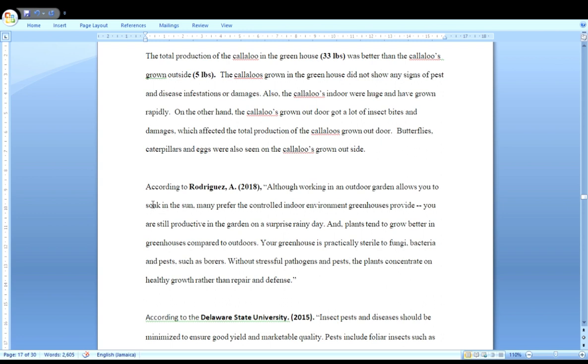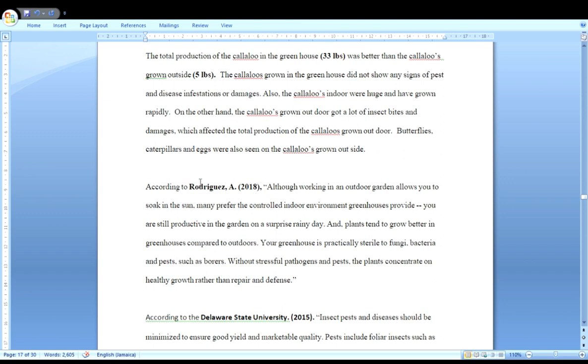Now, you do not have to start your quoting with according to. But in my demonstration here, I am using according to. I think it is simpler. But you could actually do a statement first. And when you do that, you would actually put a colon after you make your statement. And then you would open bracket, you would put the author's name in bracket along with the year.